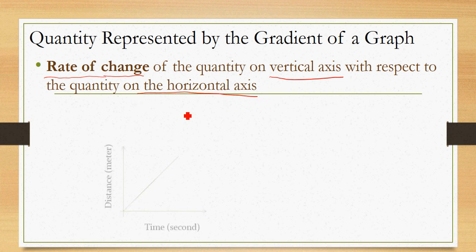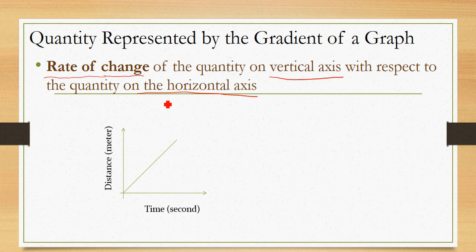So for example, for this graph, on the vertical axis the quantity is distance, and for the horizontal axis the quantity is time.